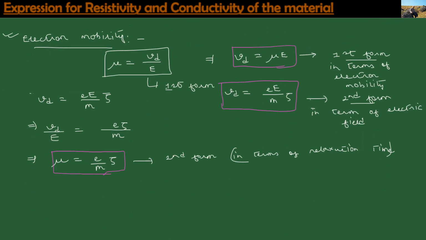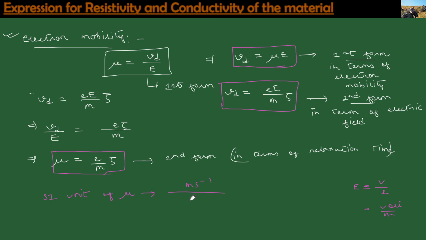Also remember that we need to stress upon the SI unit of electron mobility. From the definition itself, it is Vd divided by E, which means that it is meter per second for velocity. And for electric field, we know that it takes the form of V divided by L, which is volt meter inverse.